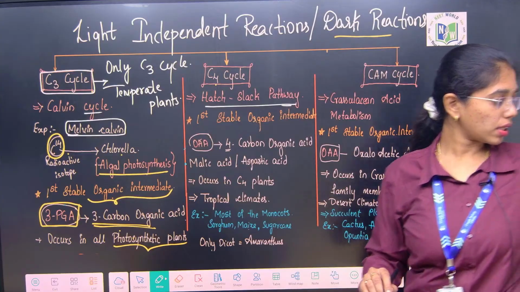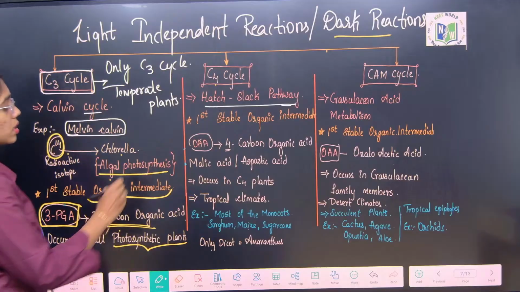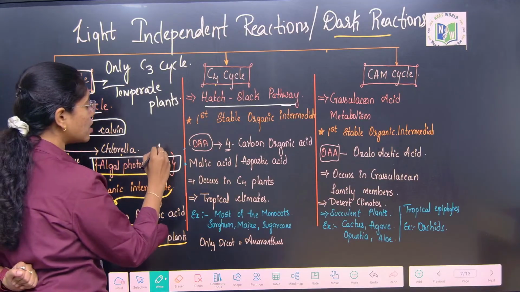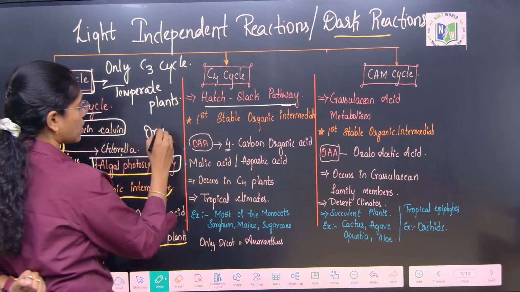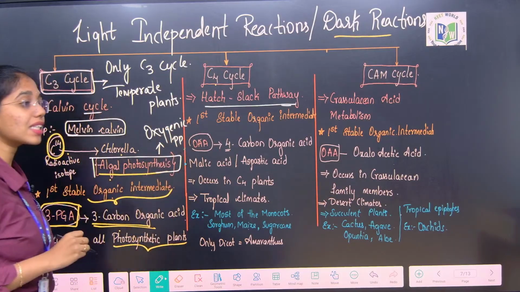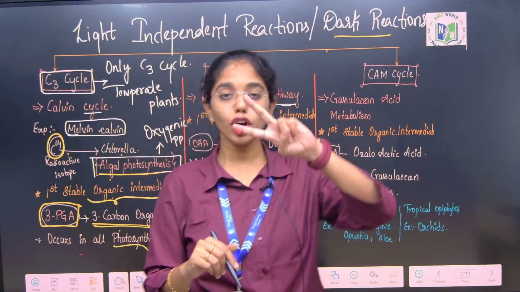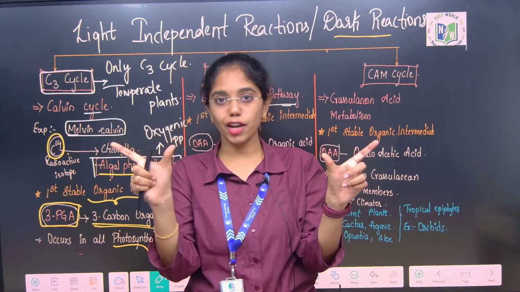Algal photosynthesis. Okay. Listen. Algal photosynthesis is nothing but the photosynthesis which occurs in algae, and that is oxygenic photosynthesis, not anoxygenic photosynthesis. When we were discussing types of photosynthesis yesterday, we discussed 2 types: one is oxygenic, one is anoxygenic.